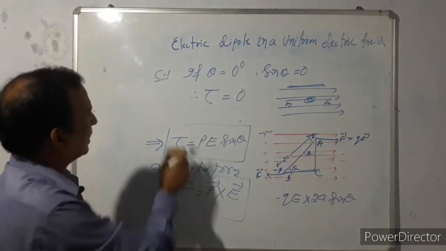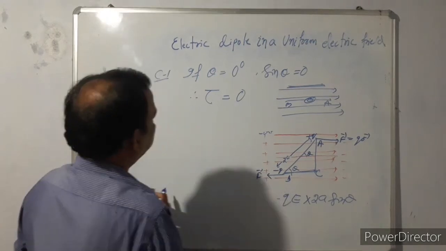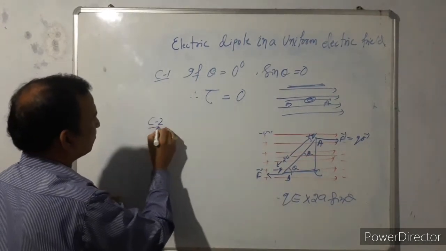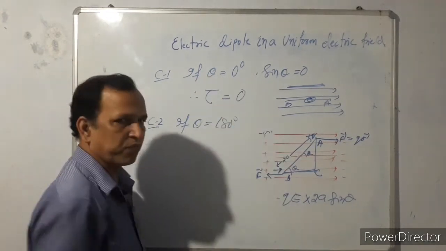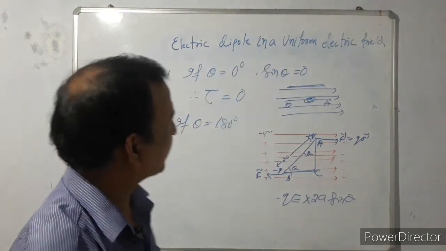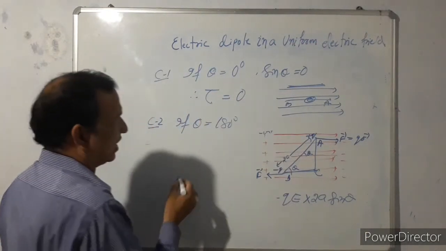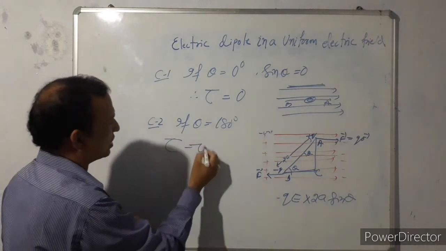Case 2: if theta is equal to 180 degree, what is sin theta? Sin theta is also 0. So torque is 0.